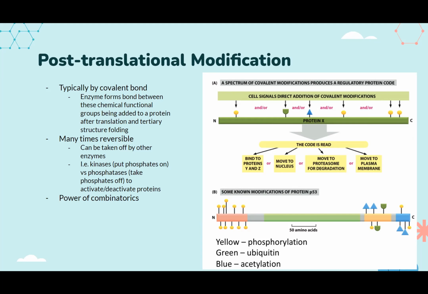For example, take p53. Using the power of combinatorics, the different modifications allow p53 to act as a central coordinator of cell stress response, but in many different pathways, depending on what combination of chemical functional groups is being added to the protein itself.